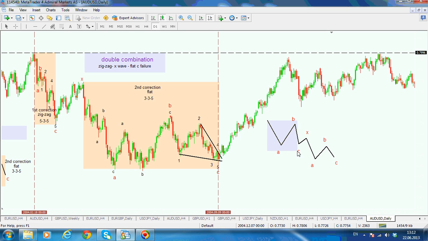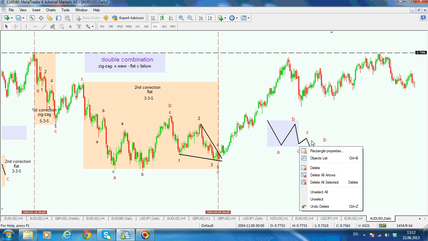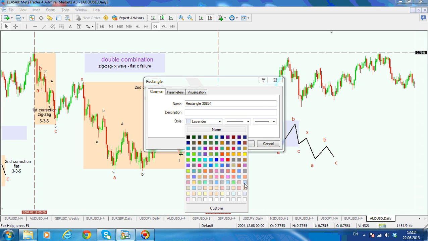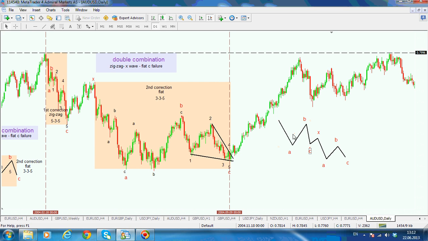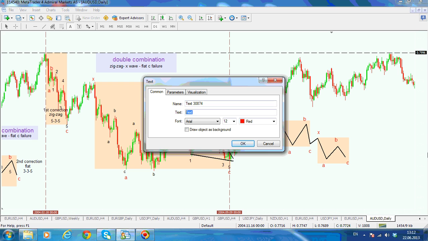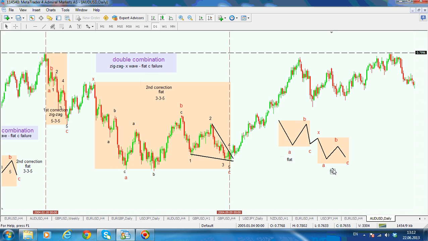So with this being the first correction, like this, in the form of a flat. So this is a flat, and then an X-wave, and in this case, as you probably noticed from the double zigzag pattern, we had two zigzags connected by an X-wave.